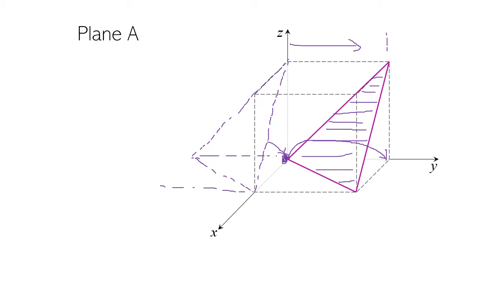So that is the z dash axis parallel to z axis. Here is the origin. That is the x dash axis parallel to x axis, and that is y dash axis parallel to y axis.